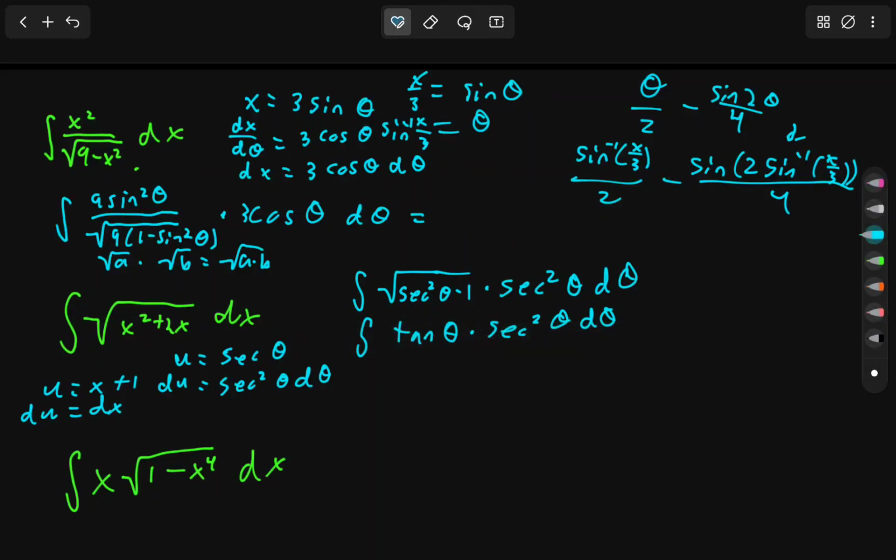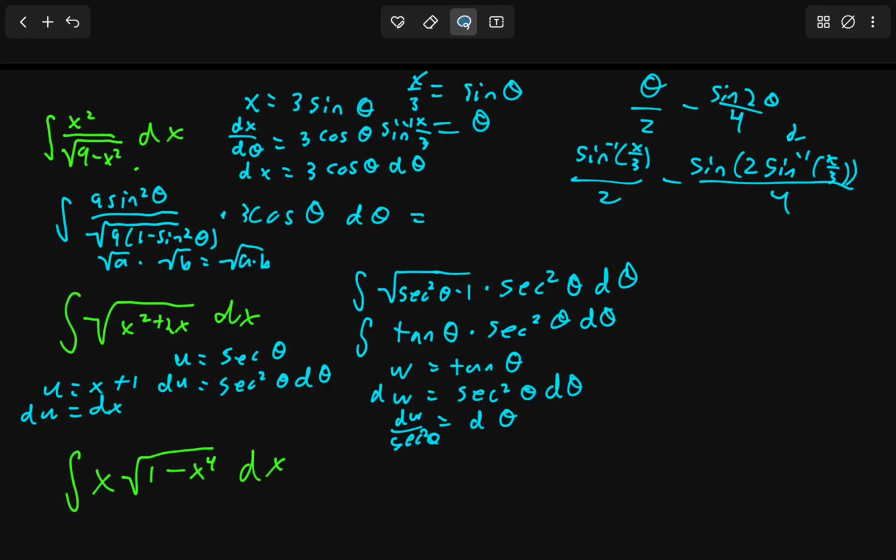Now what we have to do is we're going to say u is equal to, or let's say w, since we've already used u. w is going to be tangent of theta. So then our dw must be equal to secant squared of theta d theta. Well, solving for the differential, we get d theta equals dw over secant squared of theta.